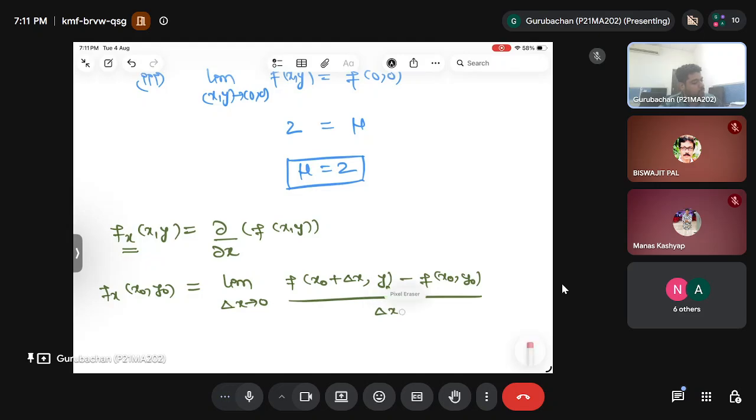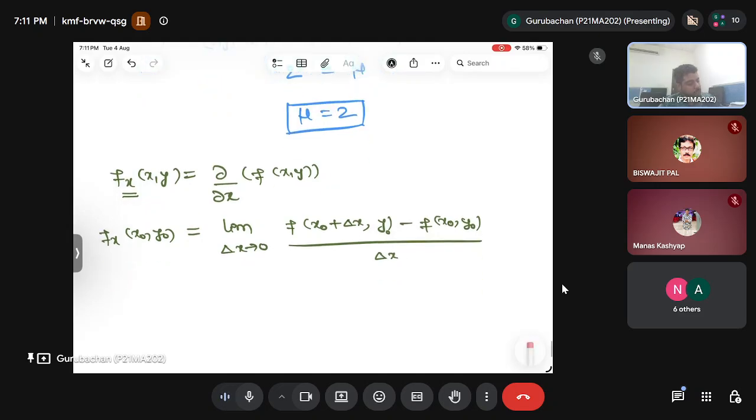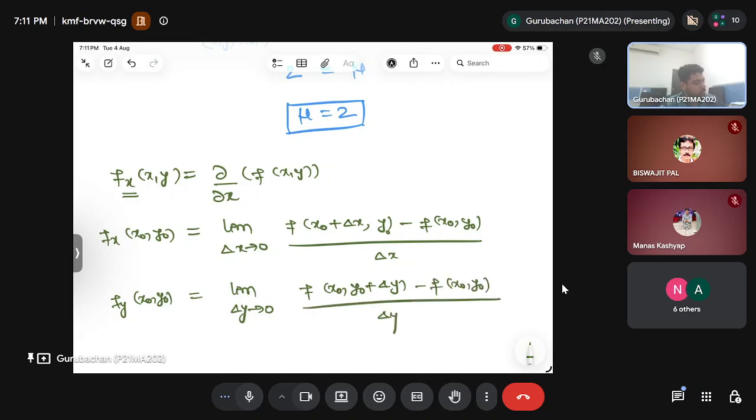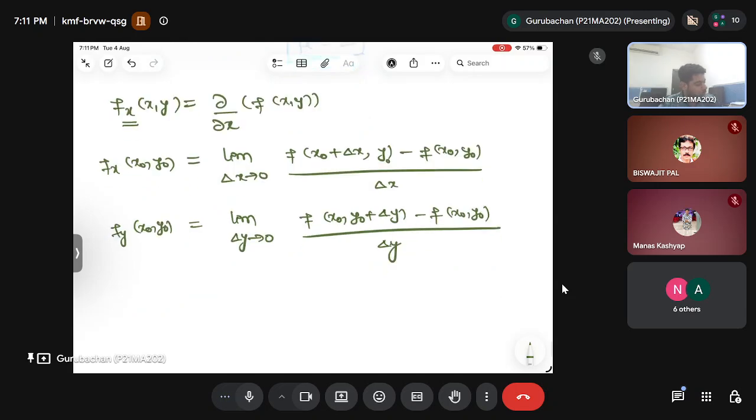Is it clear? In a similar manner, if I want to write fy, this will be limit delta y tending to 0. Delta y means just a small disturbance in y naught. Clear? Now let us move to the question.